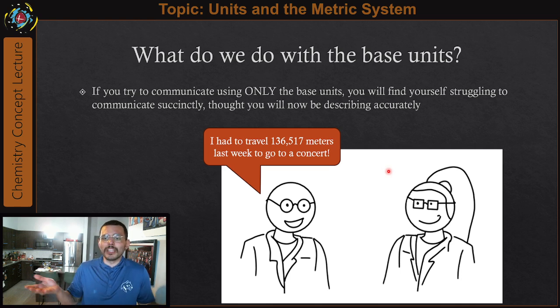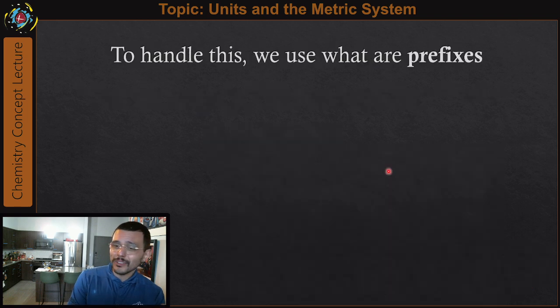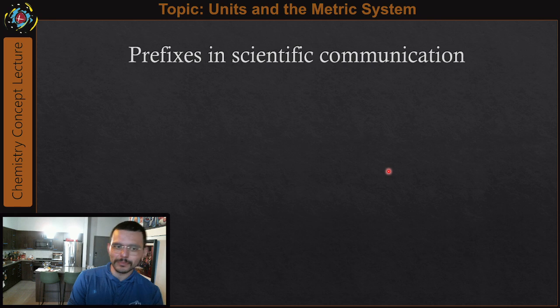What does that even mean, right? To me, I know that it's 136 kilometers, which is approximately 100 miles. So he might have driven from Phoenix to Tucson, for example. But Dr. Isotope might think, I understand what he means, but he said it really inconveniently. That is just a big number to be using. So to handle this, we can use what are called prefixes and move on to our next section.